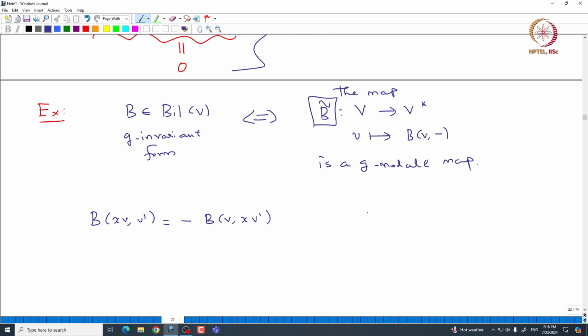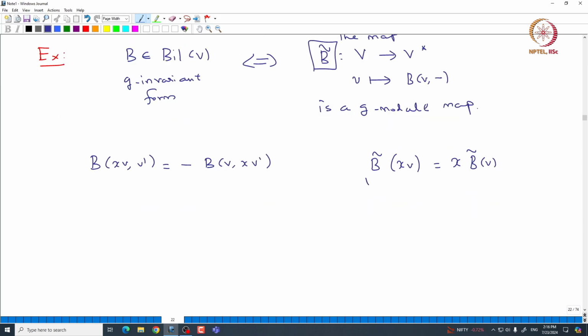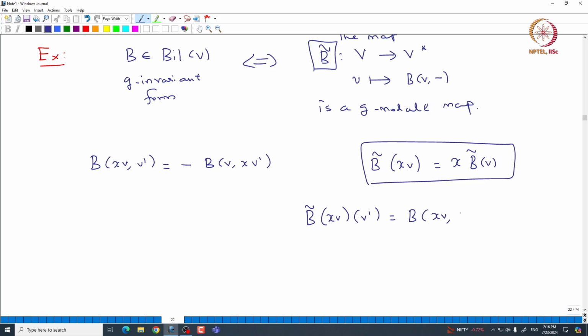It means that B tilde of X V should be exactly X B tilde of V. So, B tilde of X V is again a form on V star. We evaluate on V dash and get a number in C. By definition this is exactly B of X V, V dash, because V is mapped to B of V, comma dash.